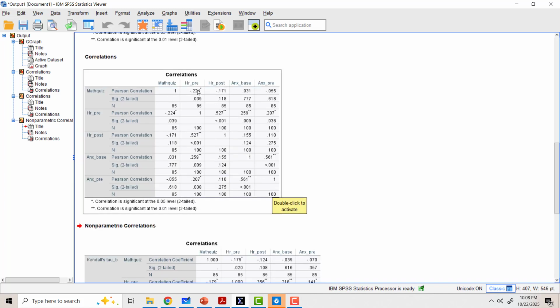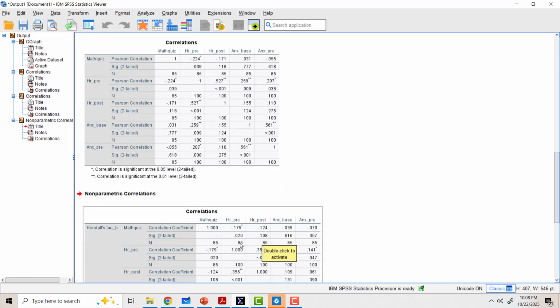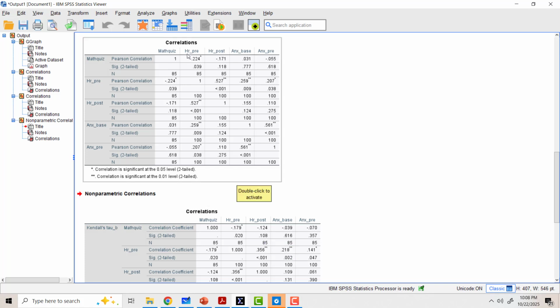Now notice, it's a slightly stronger statistical test, but the actual correlations are a little bit lower here. So for the math quiz and heart rate pre, the correlation is minus 1.79, but a bit more significant. And here for the Pearson, the correlation's a little bit higher, but it's a little bit less significant.